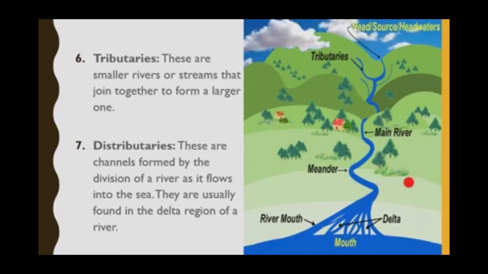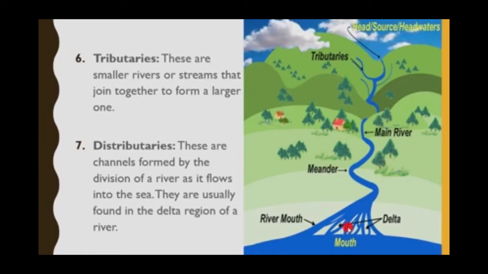Tributaries are smaller rivers or streams that join together to form a larger one. Like in this picture, these are the tributaries. All these are different rivers, okay, coming together to join up with this river here, okay.